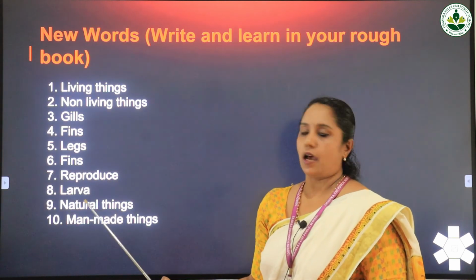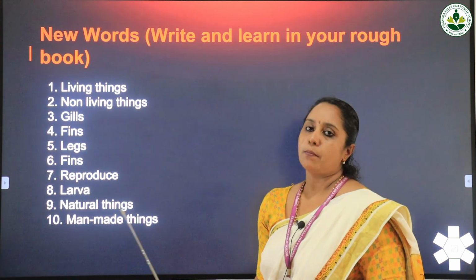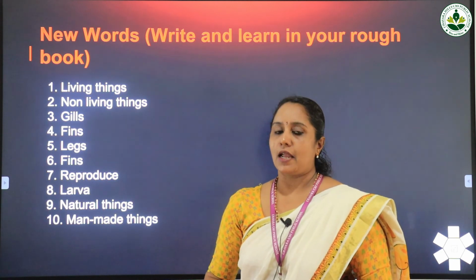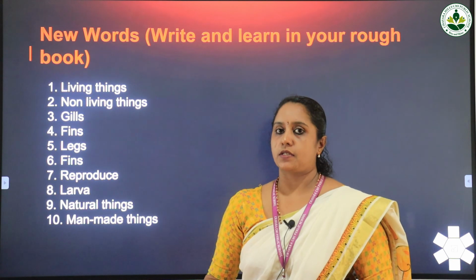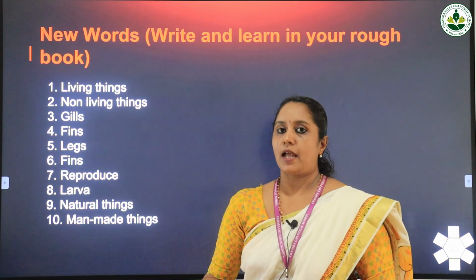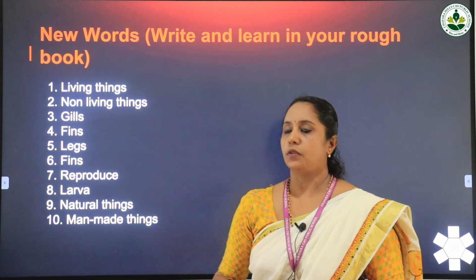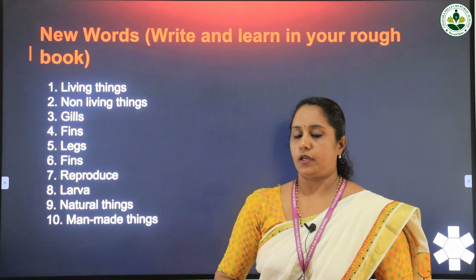Eighth word is larva. Ninth one is natural things. And 10th word is man-made things. So these words you have to write and study in your rough book. Fill in the blanks questions can be asked. For writing the answers of the fill in the blanks questions, you need to know the spellings.